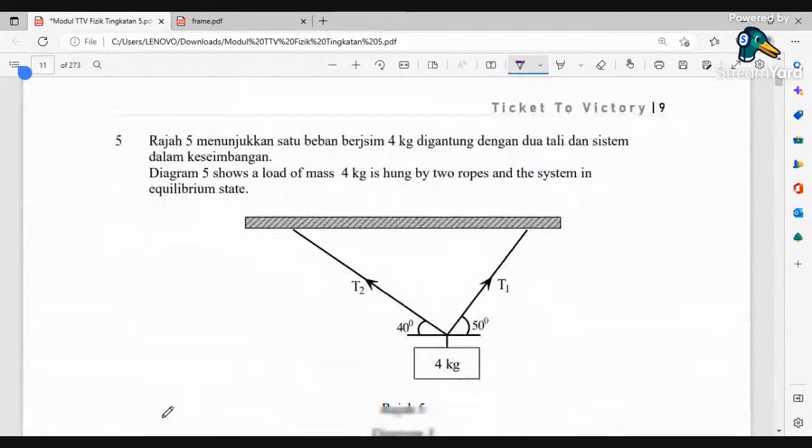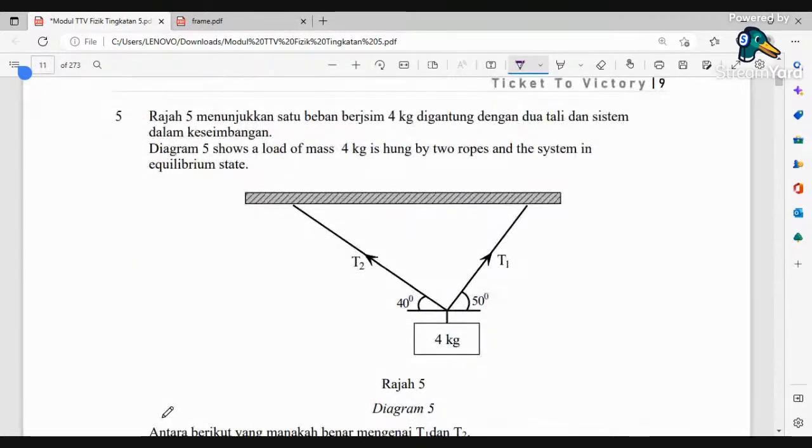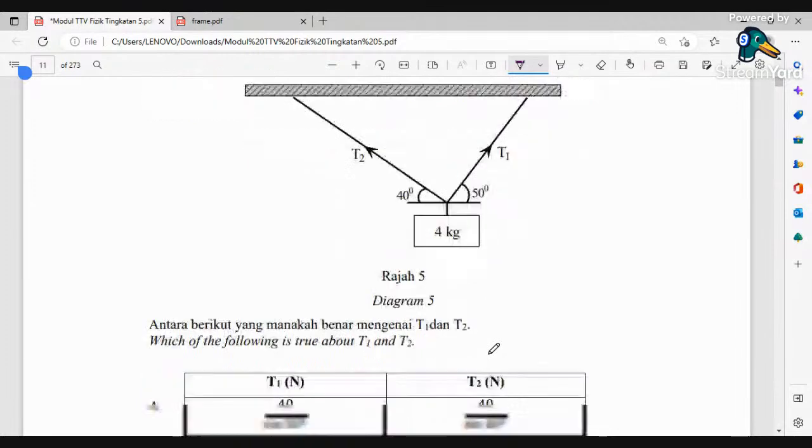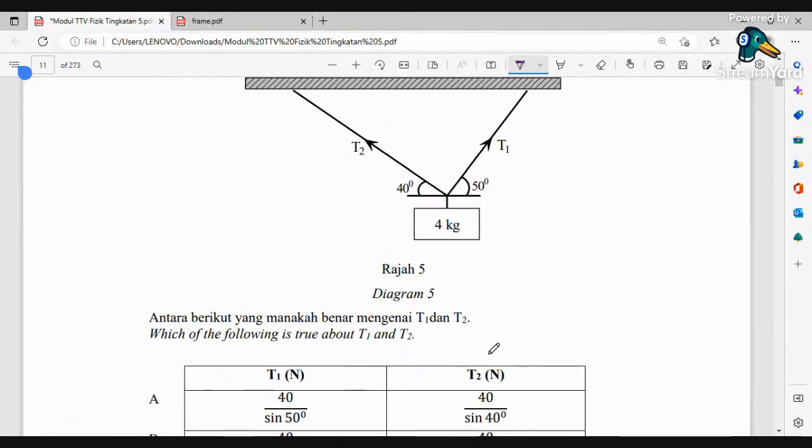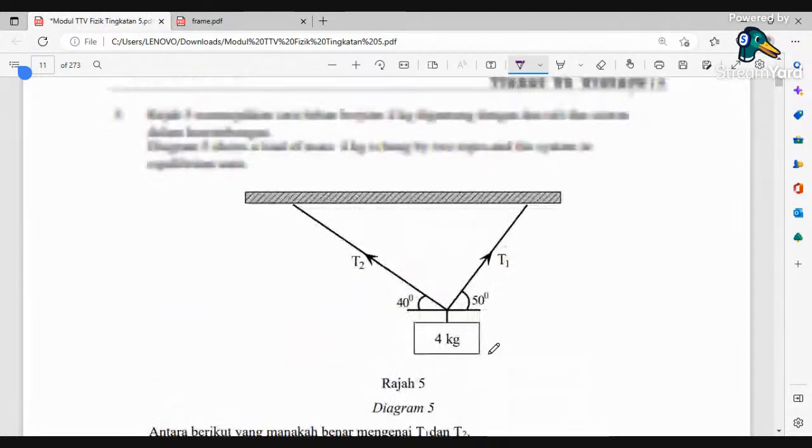Okay, number 5. Diagram 5 shows a load of mass 4 kg hung by 2 ropes and the system is in equilibrium. Which of the following is true about T1 and T2?